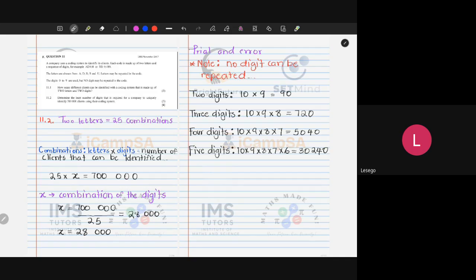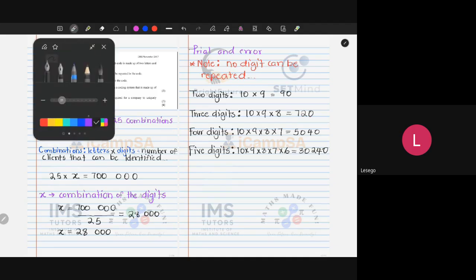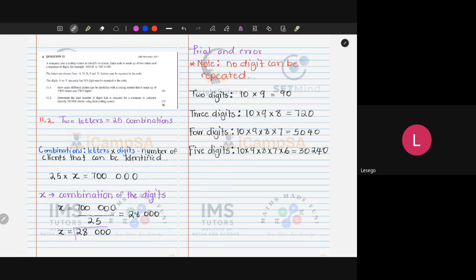They will leave us at 5,000. Five digits will work because they asked for the minimum number of digits. If we go to six, we'll go even higher. Five will work because we require 28 and 30 is above 28.